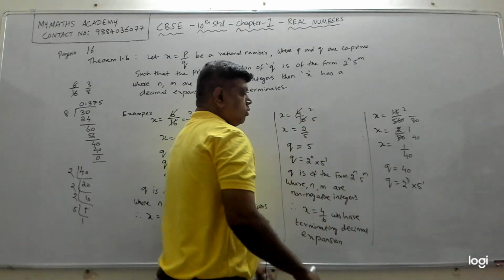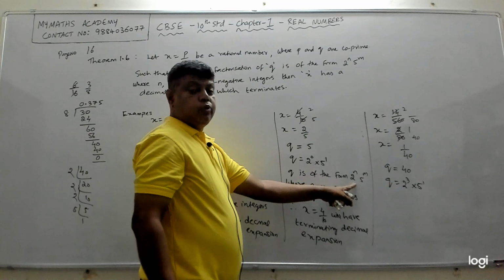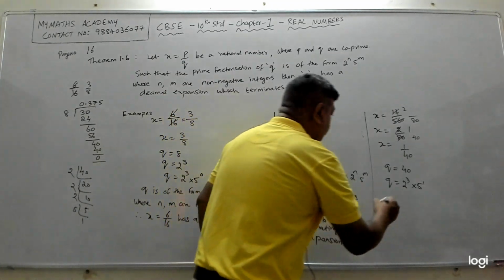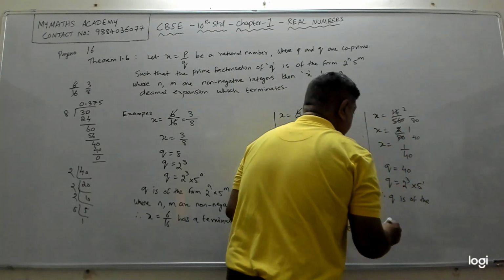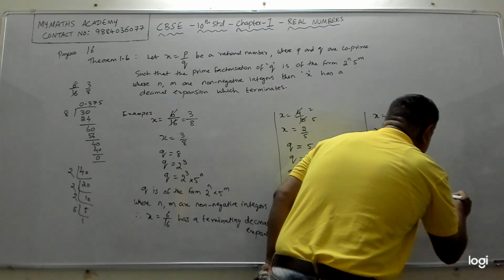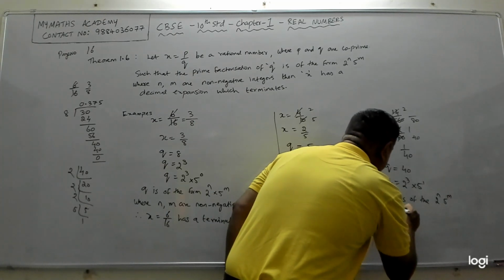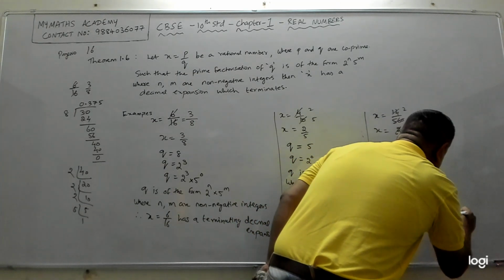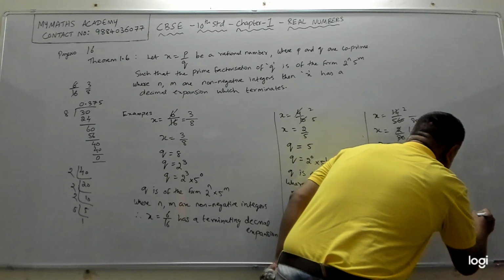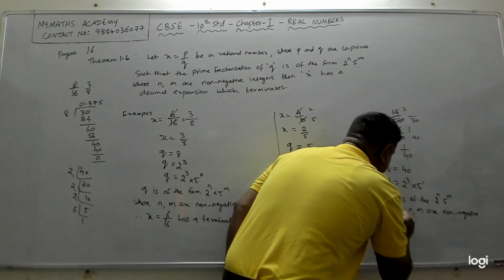So what we see now, q is of the form 2 power n, 5 power m, where n, m are non-negative integers.